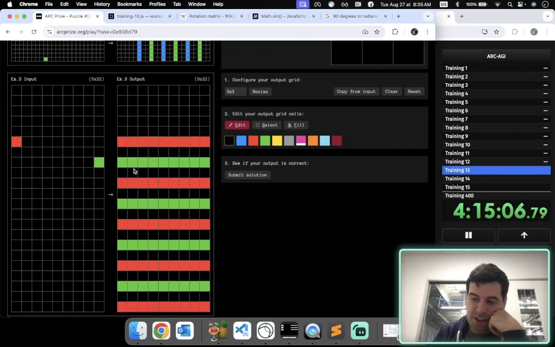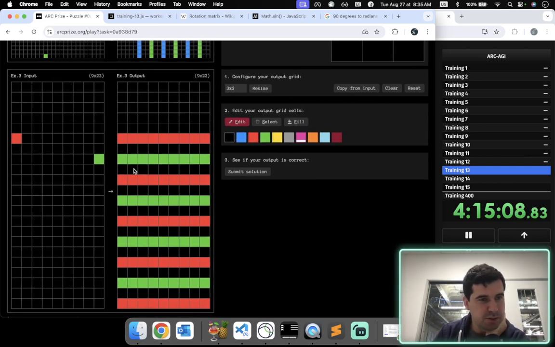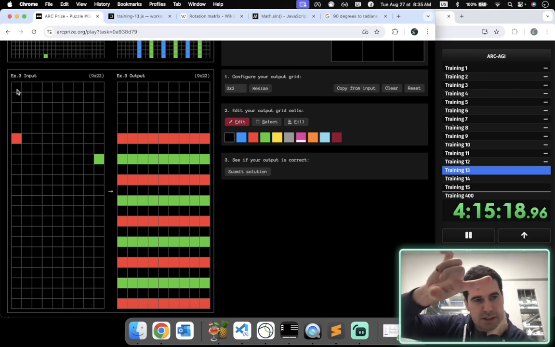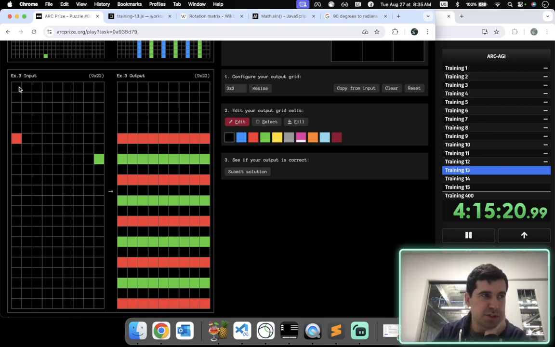I'm trying to think to figure out how it's going to work. So I know that this one stays, so this one is still going to be 0, 0. But this one is going to be minus 9 in y.